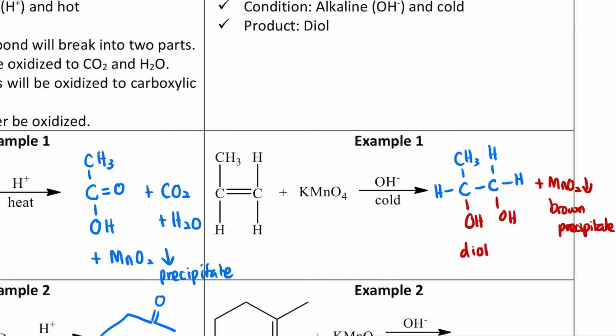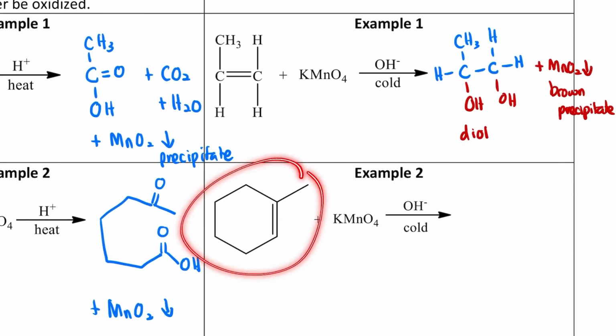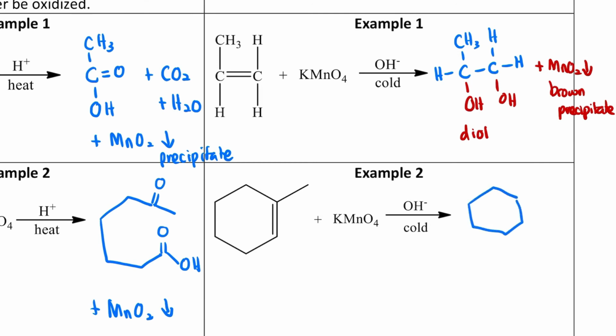Okay. Alright, so next one ini, walaupun ini cyclic sama juga, dia tak susah macam tadi because dia hanya break one of the pi bond and then kita akan masukkan OH, OH sahaja. So let us draw this balik, and then kita masukkan je lah. So dekat carbon double bond tu satu ada OH, satu lagi ada OH.